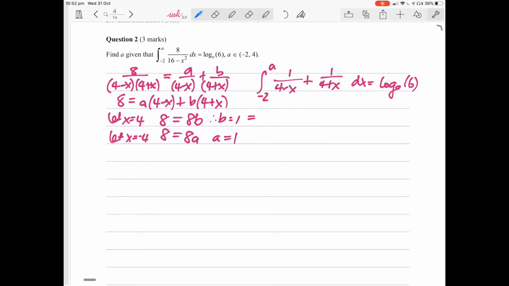So we're going to get, now, because I want the top here to be negative, because when I derive that I have to get a negative, then I have to put a negative at the front, so I'll get negative log e mod 4 minus x plus log e 4 plus x, and that is between -2 and a, and it equals log e 6.